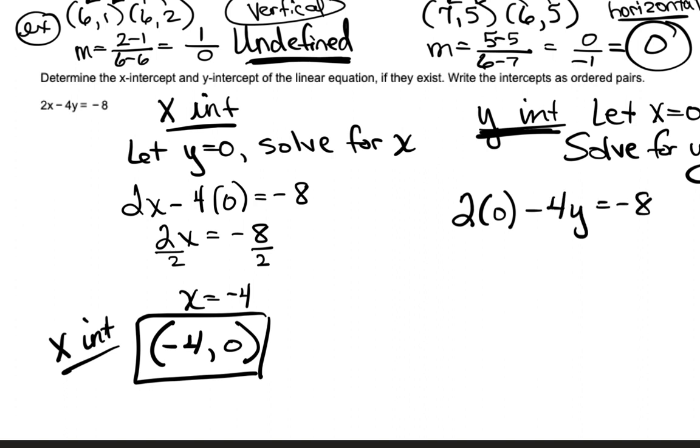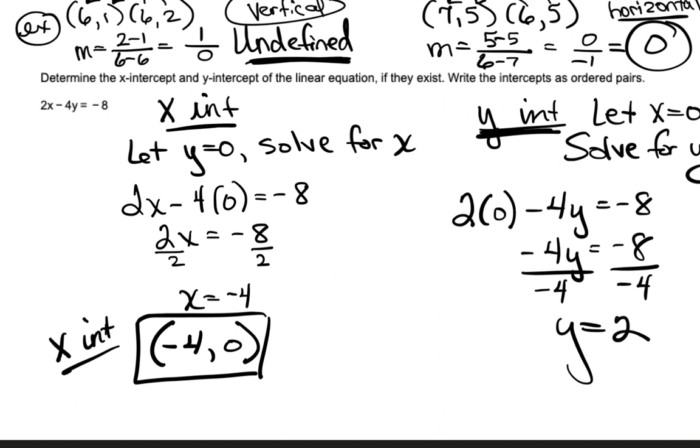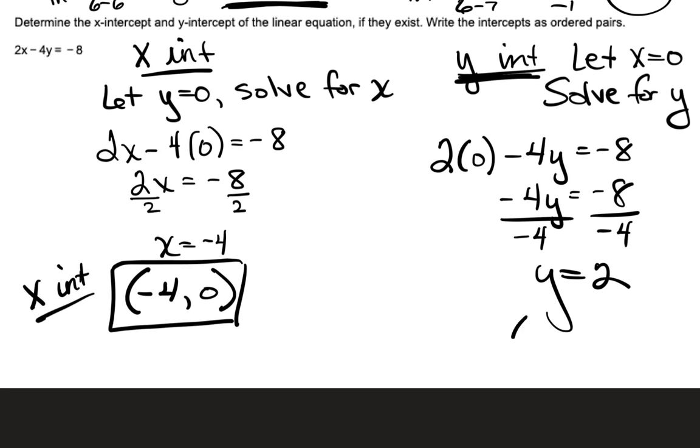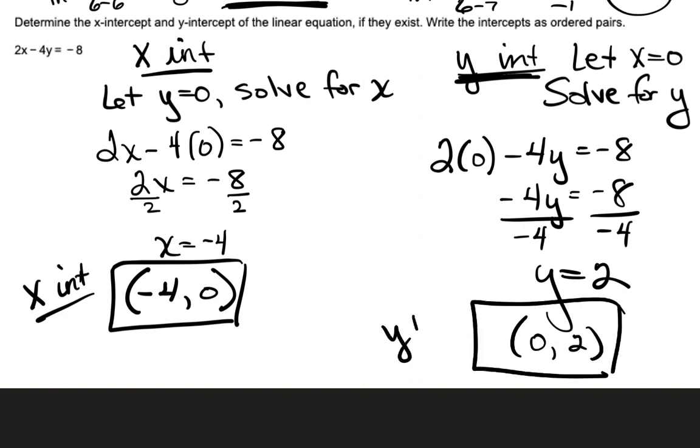Right? So we get 0. Little basic equation to solve. y equals 2. You good with that? So the y-intercept would be 0, 2. That's how you find the x and y-intercept.